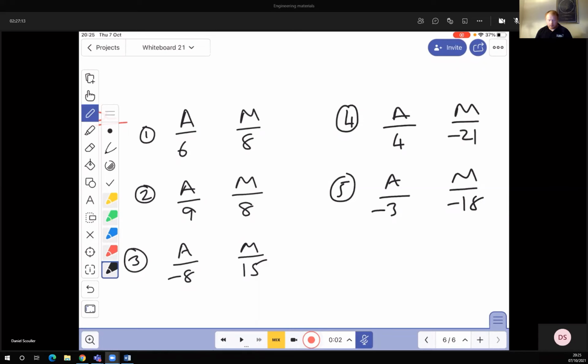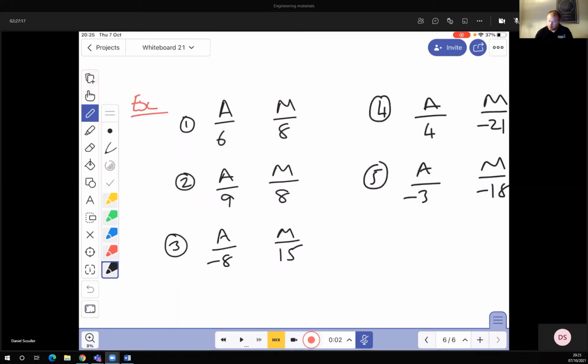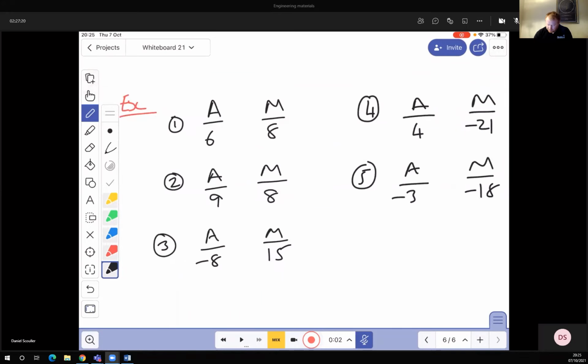How are we getting on with them, guys? Does it make sense what I'm asking you to do? Okay, so answers, I'll just write the answers down beside them. I won't go through the whole process. For the first one, I'd have positive 2 and 4. Okay, so I've got a wee comma to split them. Second one, I would have positive 1 and positive 8.